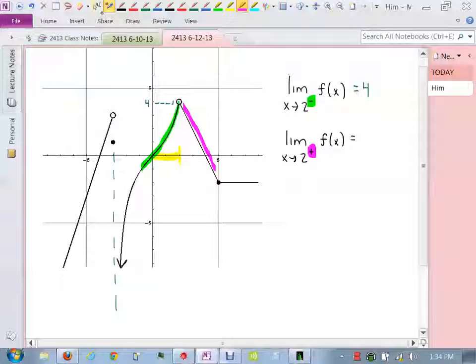So because I'm headed to the same place, the answer is also 4. Now, the next question says, well, then what's the limit as x approaches 2 of f of x? That means I'm not telling you left or right, which means you have to check both left and right. And we already saw that from the left it was 4 and from the right it was 4. And if they're the same, then the answer is 4.